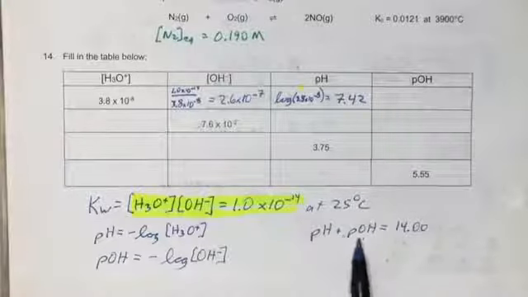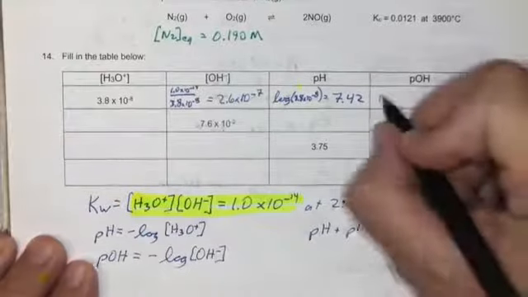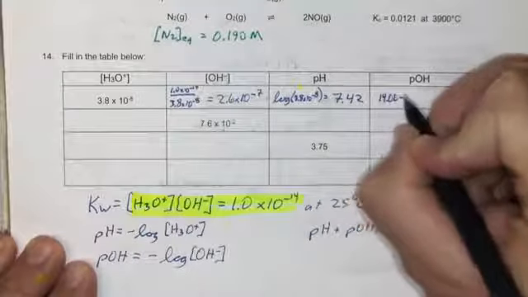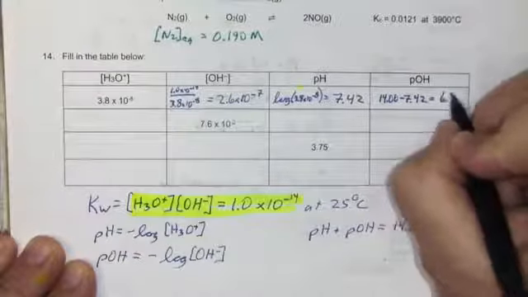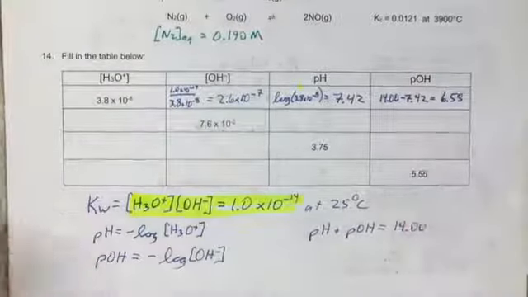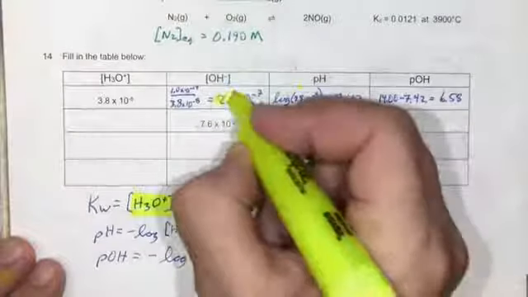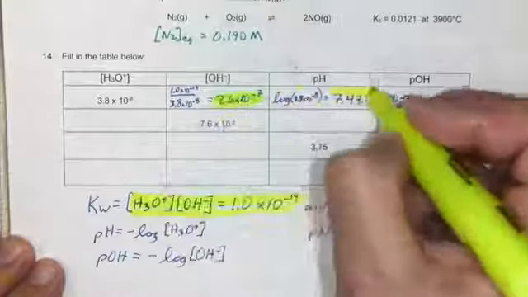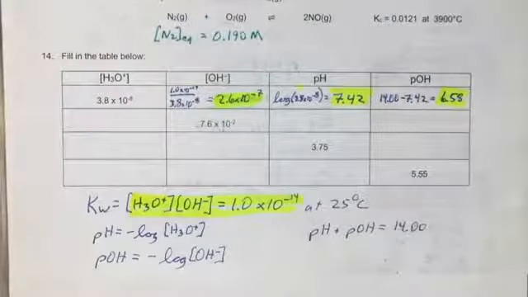So pH adds up with pOH to get 14. So to get pOH, it's going to be 14 minus 7.42, and that's going to be 6.58. That's the value you'll get there. So let me highlight the answer, and this shows you how you did each one of the questions. So these are relationships you need to know for this exam.